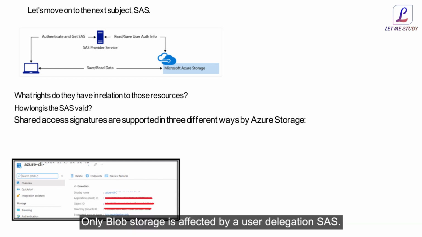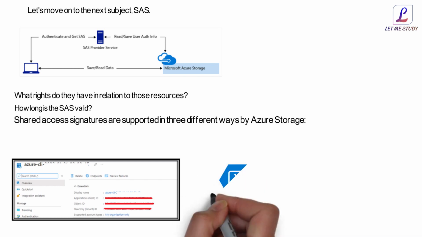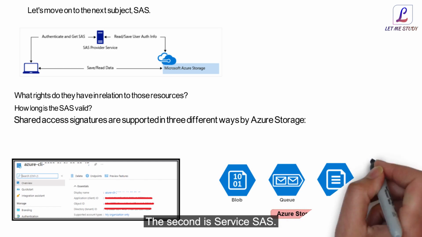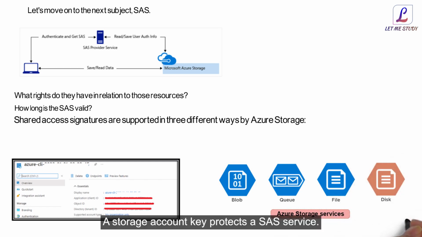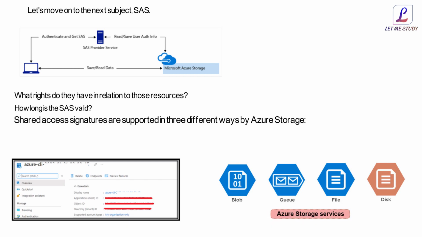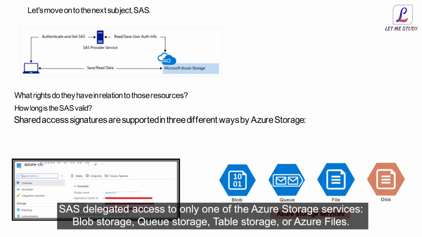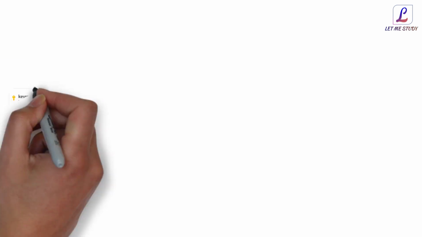Only blob storage is affected by a user delegation SAS. The second is service SAS. A storage account key protects a service SAS. It delegates access to only one of the Azure storage services: blob storage, queue storage, table storage, or Azure Files.